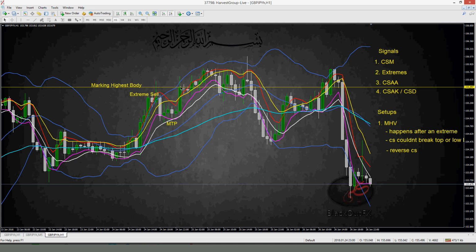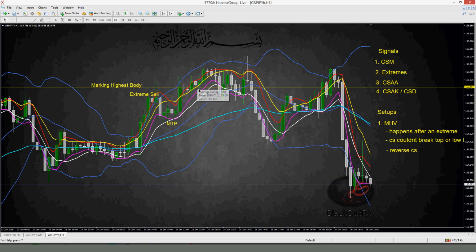Alright, so if you entry at MHB over here, let's say for example to this part, that's about 34 pips of you floating negatively. However, with this condition, as long as there is no candlestick momentum, that's still the condition whereby you should be able to hold your position.